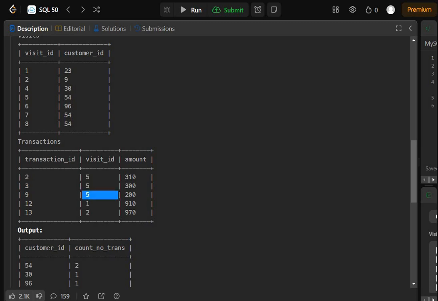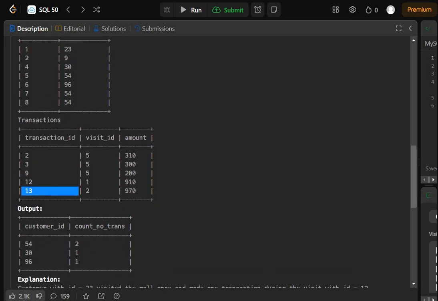Again the same customer visited and did the transaction with ID 9. Now the customer with visit ID 1, which is our customer ID 23, visited and did the transaction with ID 12. These are the IDs, not the amounts or the counts. And visit ID 2, that is our customer 9, did a transaction as well.